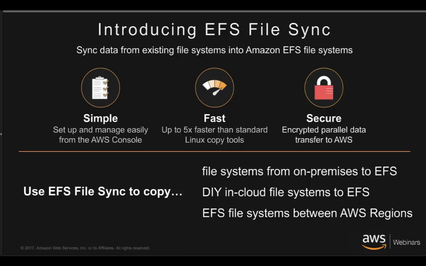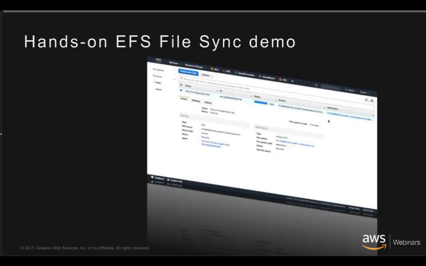EFS File Sync provides encryption from the environment to AWS and throughput that is up to 5 times that of standard copy tools, and an end-to-end management process using the AWS Management Console. This is a simple, fast, secure tool to migrate data into EFS from on-prem or even within AWS.